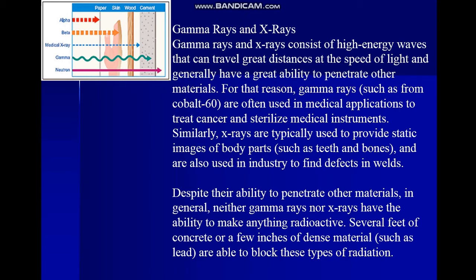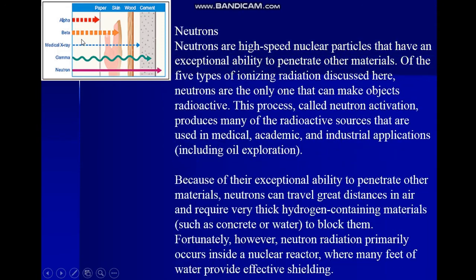Several feet of concrete or a few inches of dense material, such as lead, are able to block these types of radiation. That is, the penetrating ability of X-rays and gamma rays is higher than that of alpha and beta radiation.